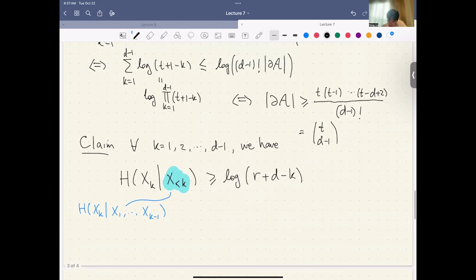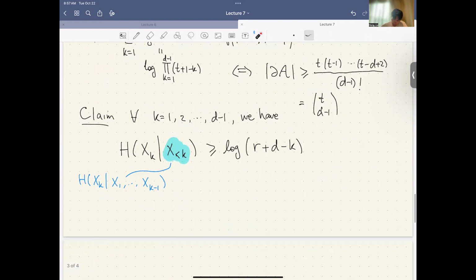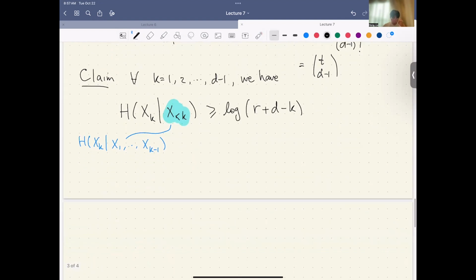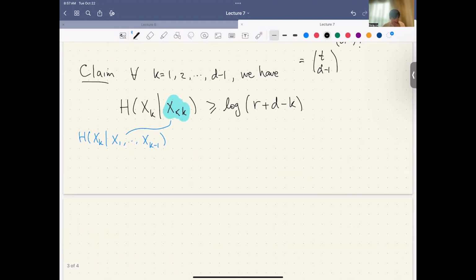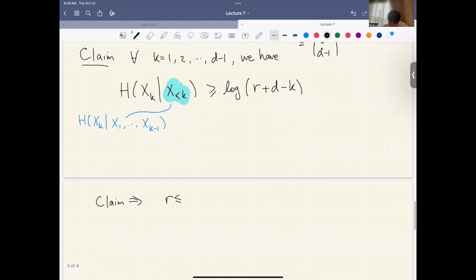Okay, so why would this claim prove what we need? What we need to show is this: r is at most t minus d plus 1. Let's first derive that. From this claim, using the chain rule, let's show that the claim implies r is at most t minus d plus 1.